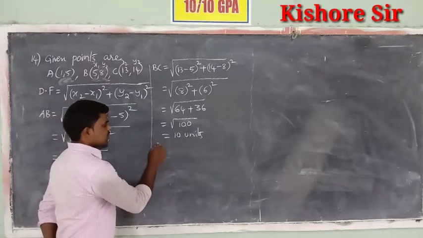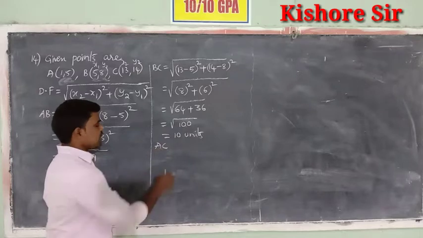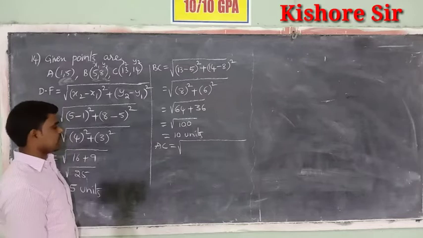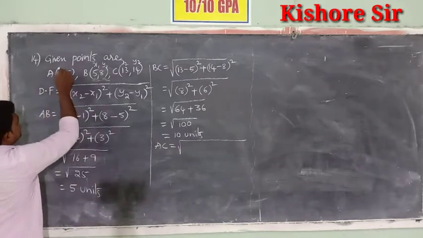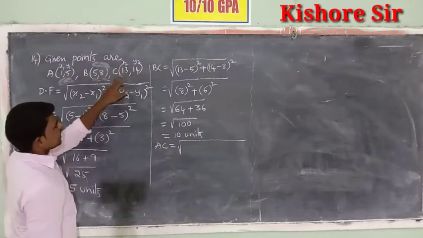Finally, AC. We have to find the distance between A and C using the same distance formula. First point A is (x1, y1) and second point C is (x2, y2).